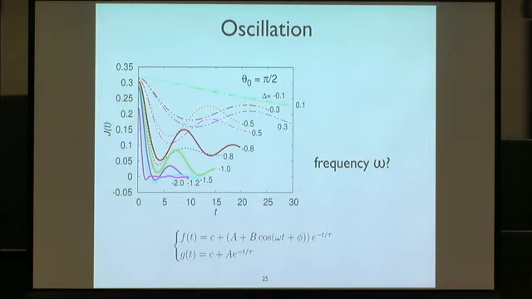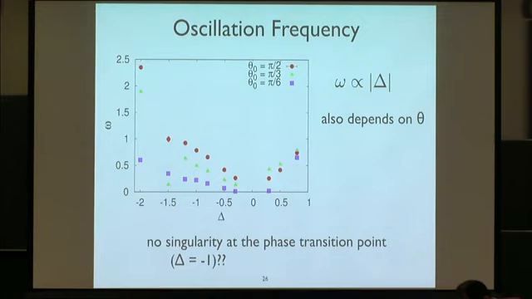Okay. Then another interesting feature is this oscillatory behavior. It approaches a stationary value, but with some oscillation. Then we can extract the frequency of this oscillation by some fitting. Again, this is a bit tricky fitting, but we can still estimate the frequency. Then we have plotted this oscillation frequency as a function of the interaction parameter delta.